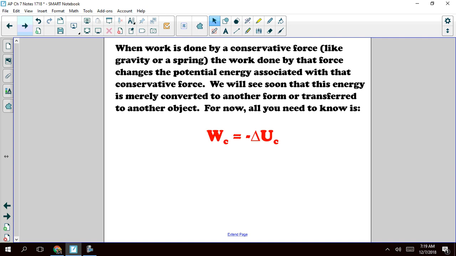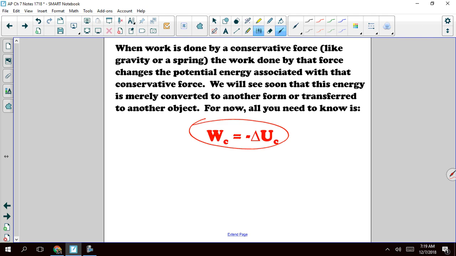We'll see later on that usually that energy is converted to another form of energy or transferred to another object. But for now, what you need to know is this: the work done by a conservative force is equal but opposite to the change in potential energy associated with that.